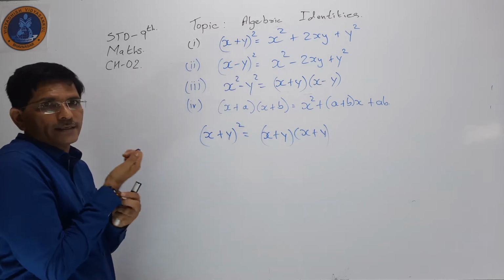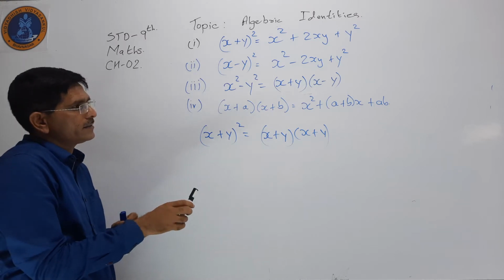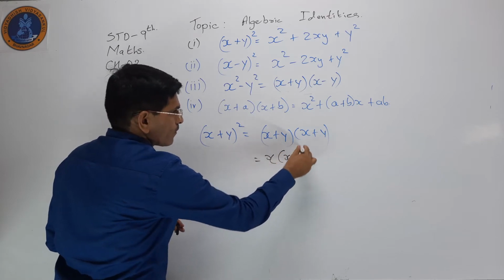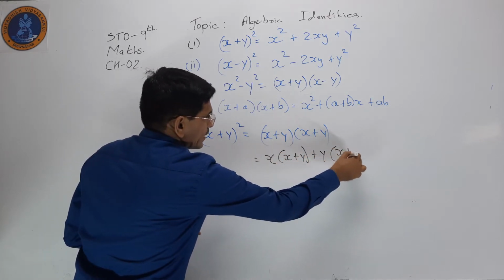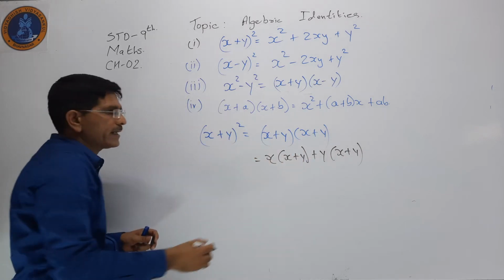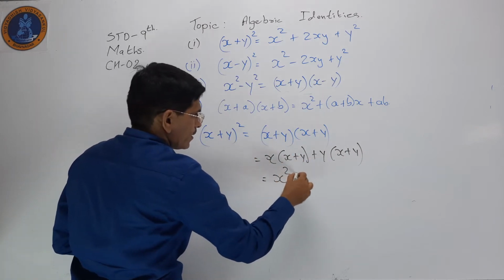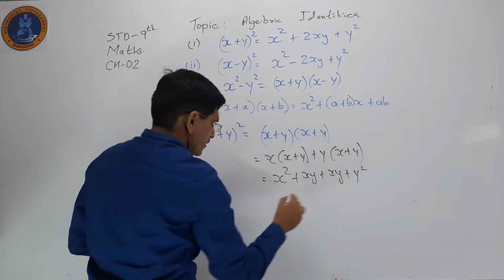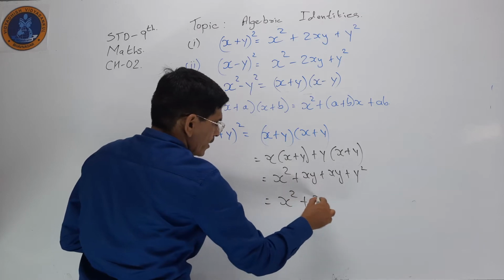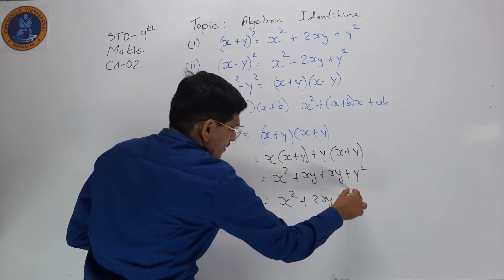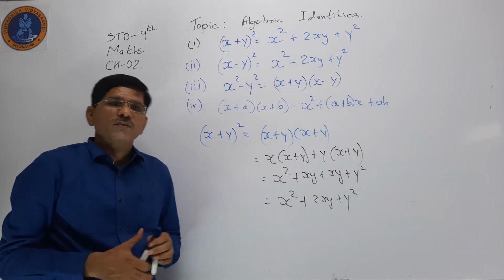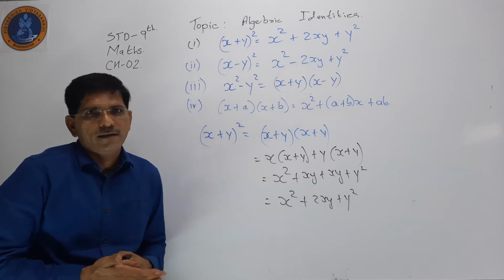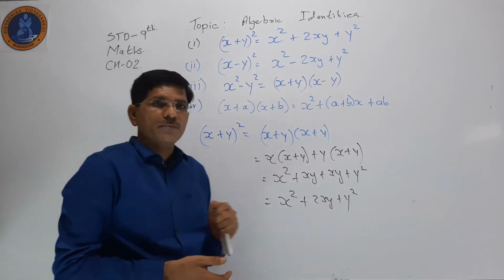If I open the bracket, x times x plus y, and y times x plus y, I get x square plus xy plus xy plus y square. That is why x square plus 2xy plus y square. It is not necessary to open the two brackets every time, because such sums are there in our exercise.